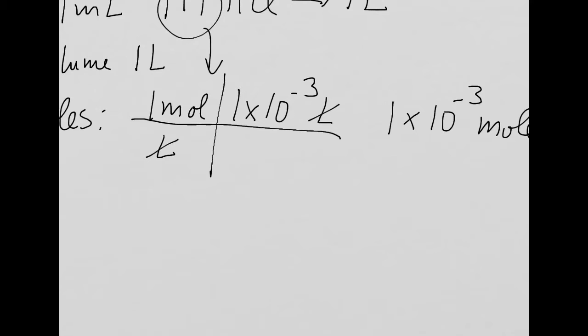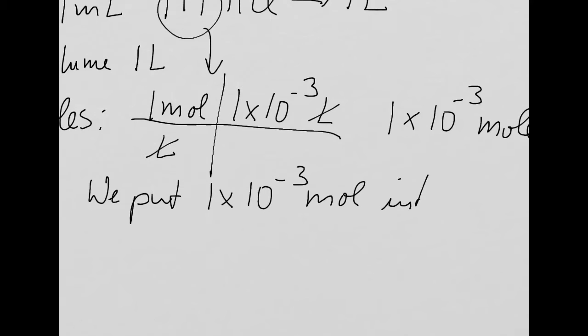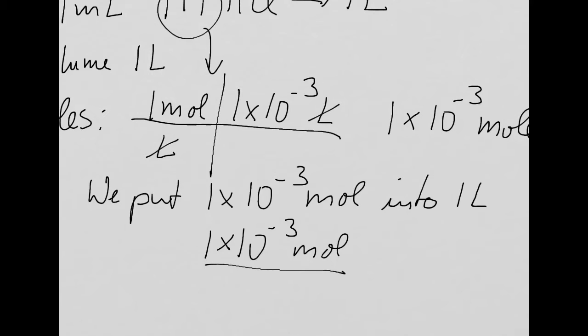So we put 1 times 10 to the minus 3 mole into 1 liter. Well, 1 liter and 1 milliliter, but that's... So our concentration would be 1 times 10 to the minus 3 mole per liter. Yeah? So that is 1 millimolar. That's our solution that we have.